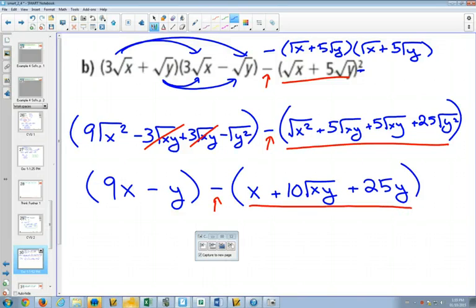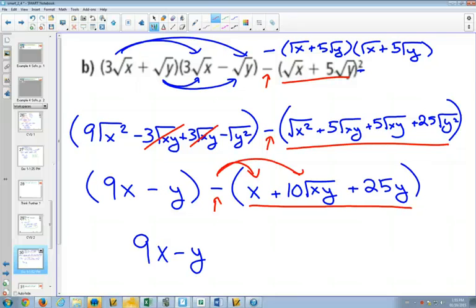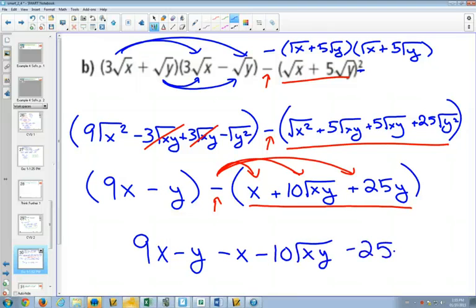And when you're subtracting more than one thing, this negative sign will get distributed to each one. So it's like minus x, minus 10 root xy, and minus 25y. So I kept my brackets there so I wouldn't forget that in the end this minus sign is going to need to be distributed to each one.